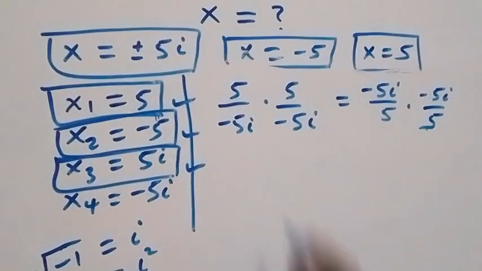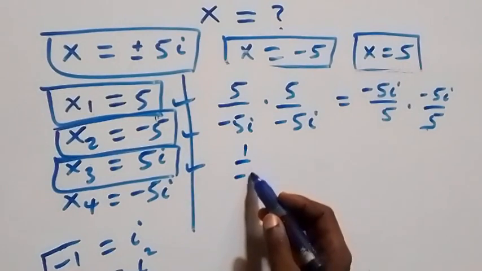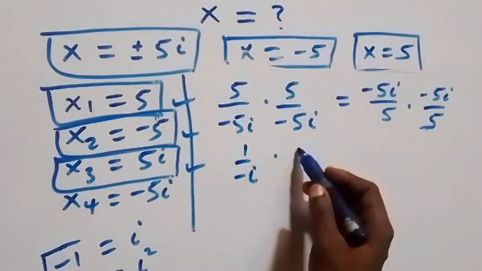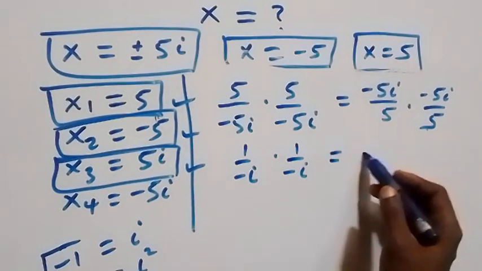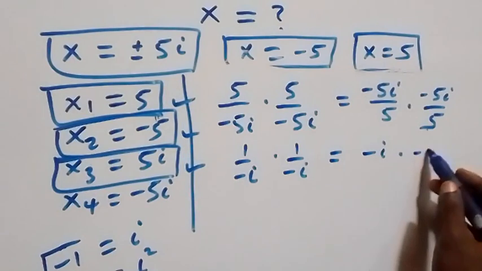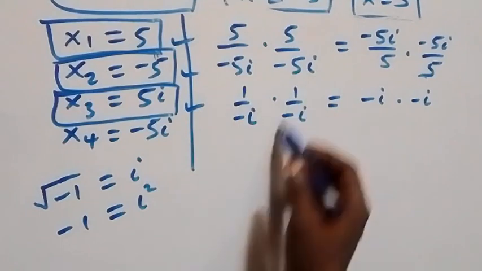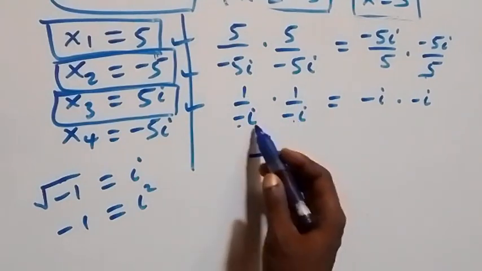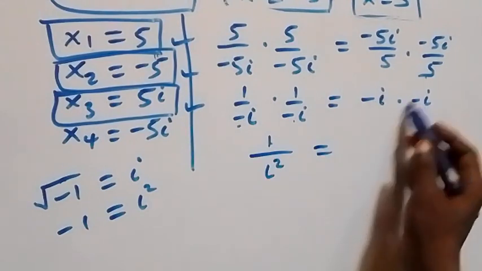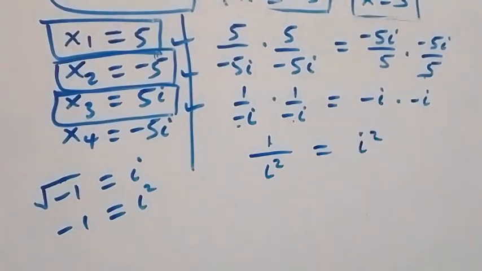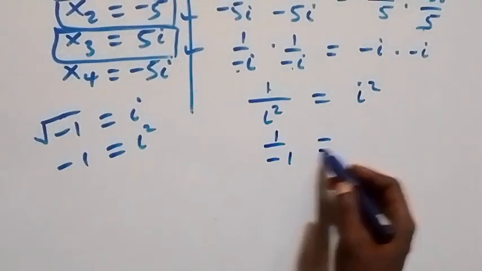Then here, we can write this as 1 over minus i, then times also 1 over minus i is equal to, here minus i times minus i left. And here, since 1 times 1 is 1, and minus times minus is plus, so i times i, that's i squared, is equal to, also we have minus times minus is plus, so this is i squared as well. And since i squared is minus 1, we have 1 over minus 1 is equal to minus 1.